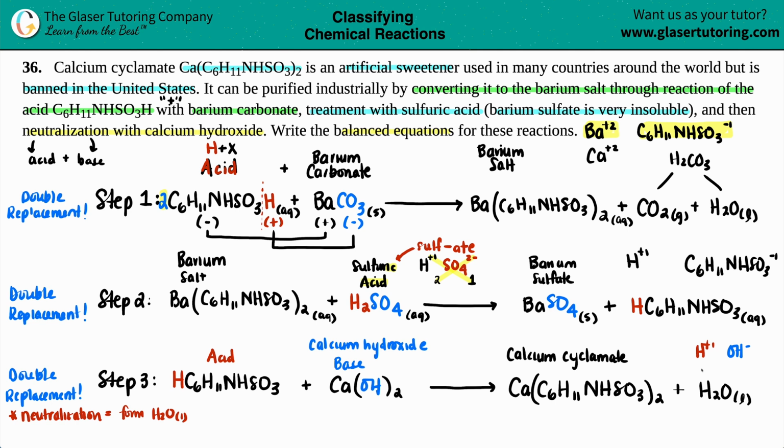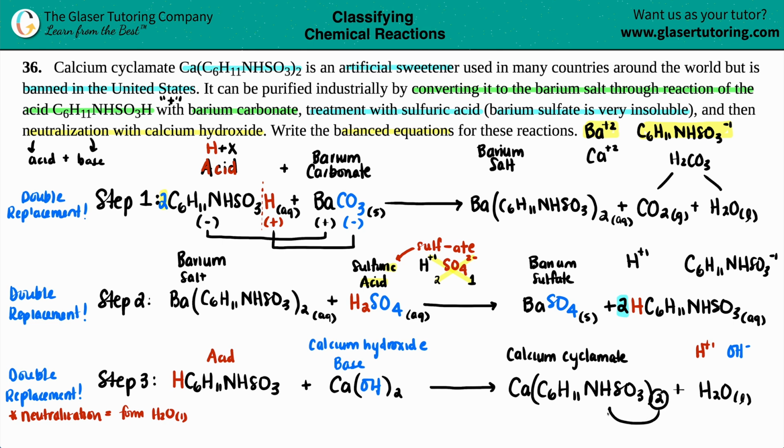You might have been screaming at me for the past 5 minutes because I am looking back at this. I said, whoa, this isn't balanced. So let's balance it. You have 2 of these, but on the product side, you only got 1. So I do need to put a coefficient in front of here. That's the 2. And now everything is balanced for there. And in this case, looks the same idea.